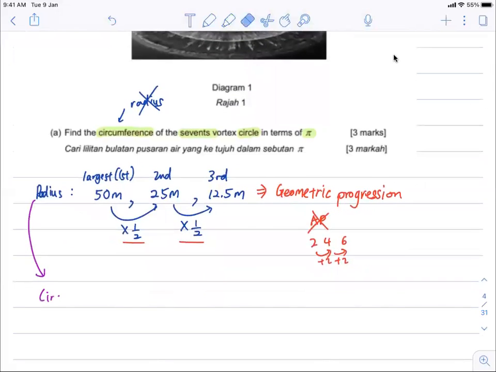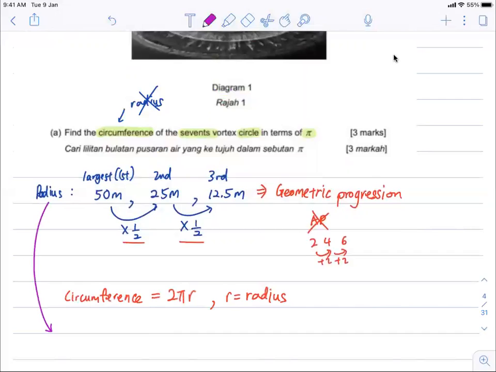So we need a formula where circumference is equal to 2 pi r, whereby r is our radius. After we have this, we can convert all our radius into circumference.